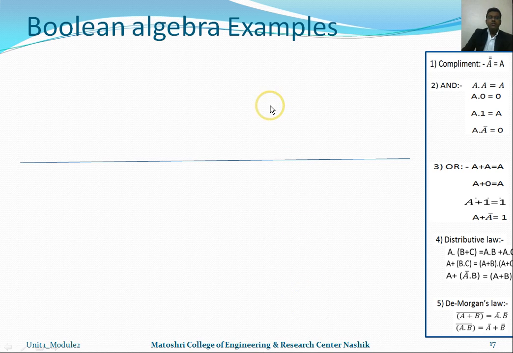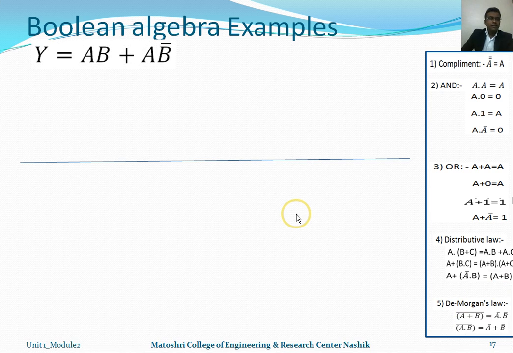Now let's see, one by one, examples of how Boolean algebra and these rules work. In the right hand side corner, there are all the rules: complement rules, then AND 4 rules, OR 4 rules, distributive 3 laws, and De Morgan's 2 laws.